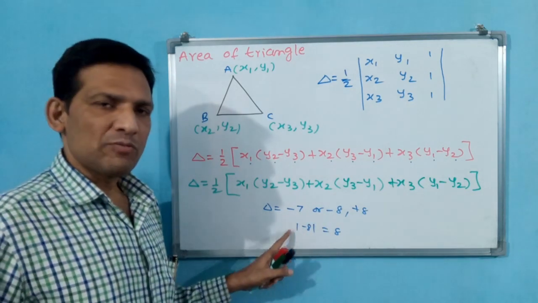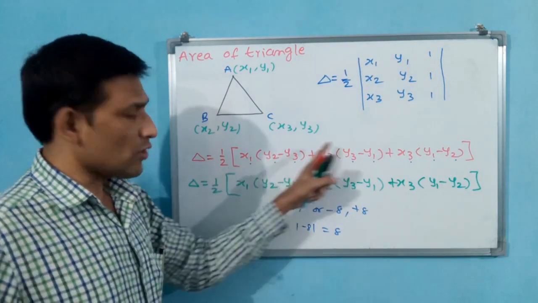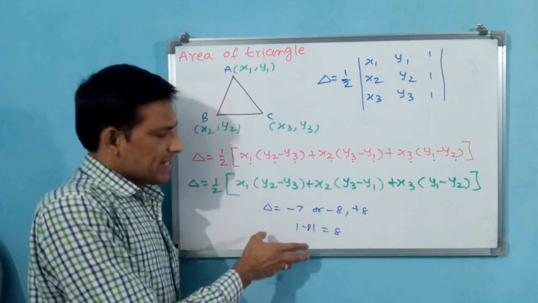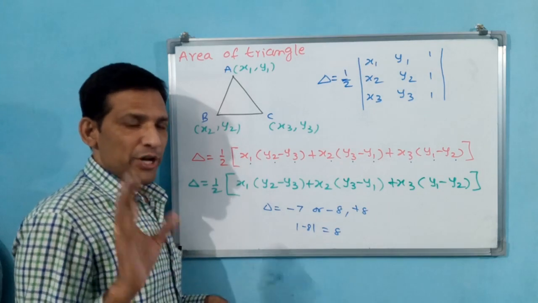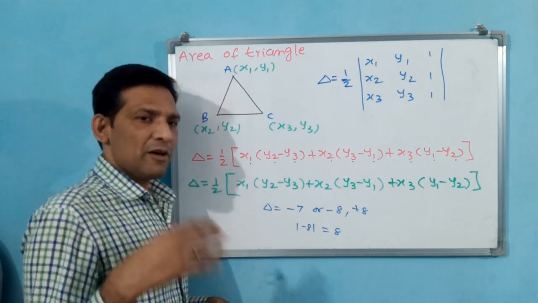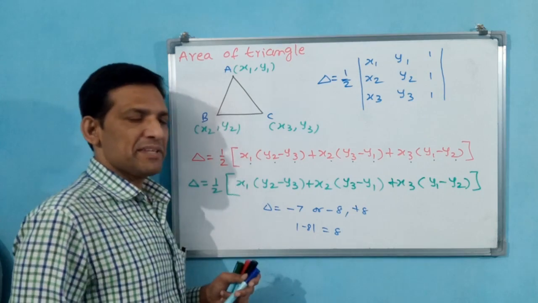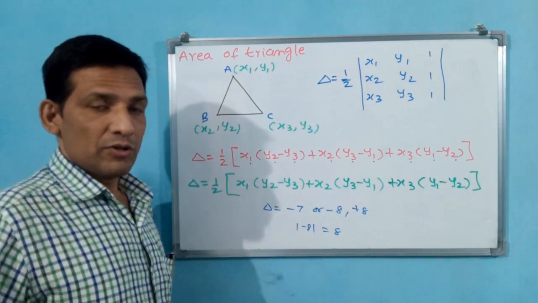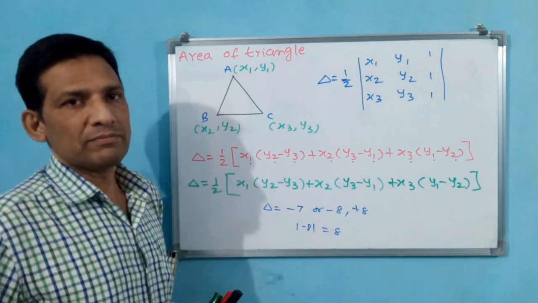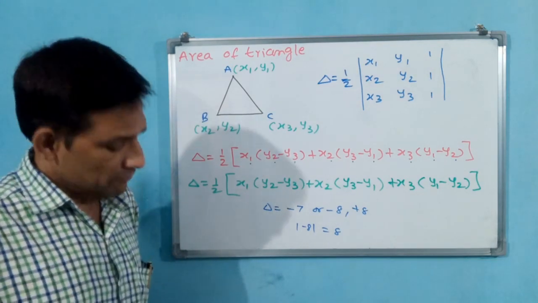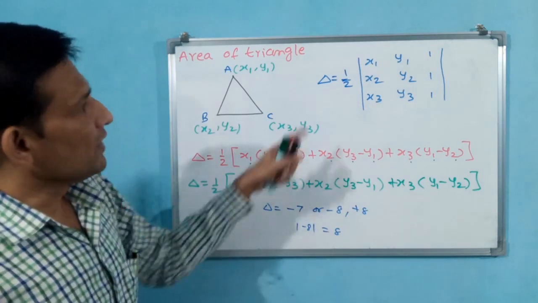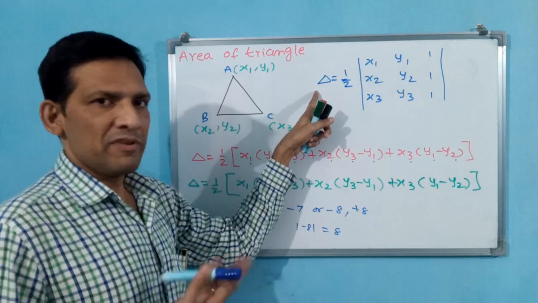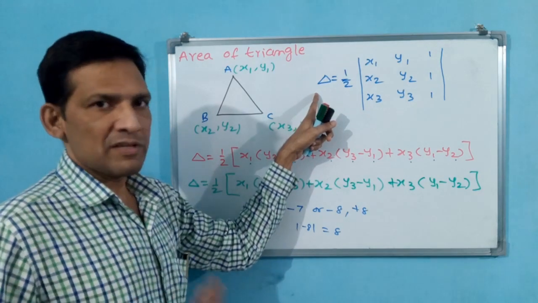Minus 8 or minus 7 comes means, inside you have to do the subtraction, minus minus like that only. But finally, if the final answer is negative 7 or negative 8, then you have to make it plus 7 or plus 8. Why? Because area should not be in negative form. Area is positive, like that you have to think. Now you see, if in some questions they give delta, delta is given in positive form only, because it is always positive.